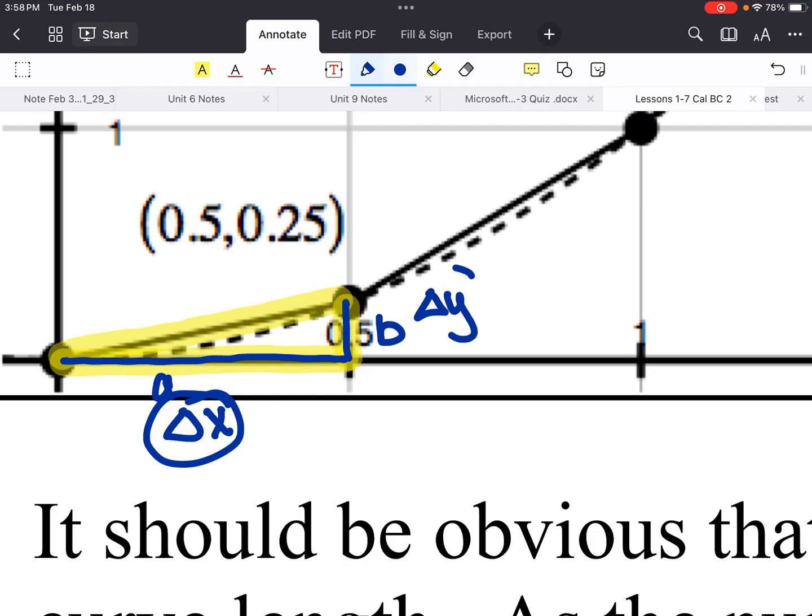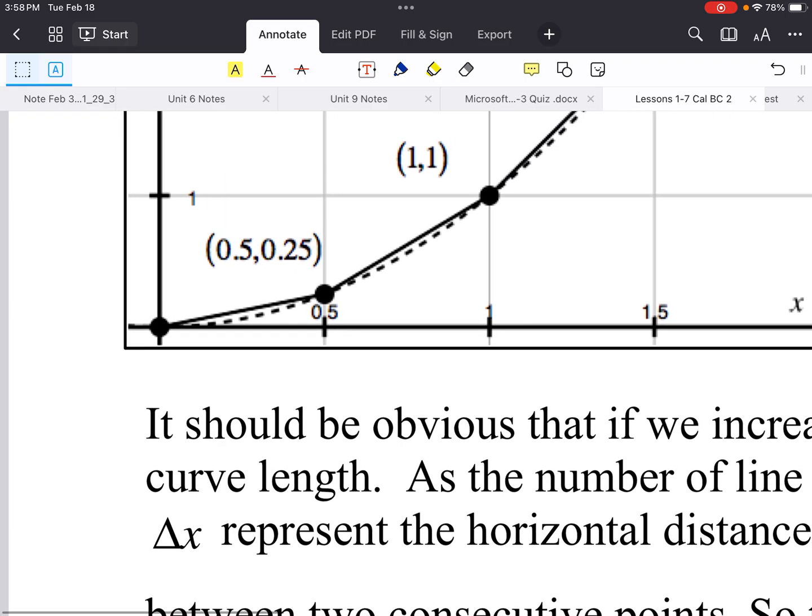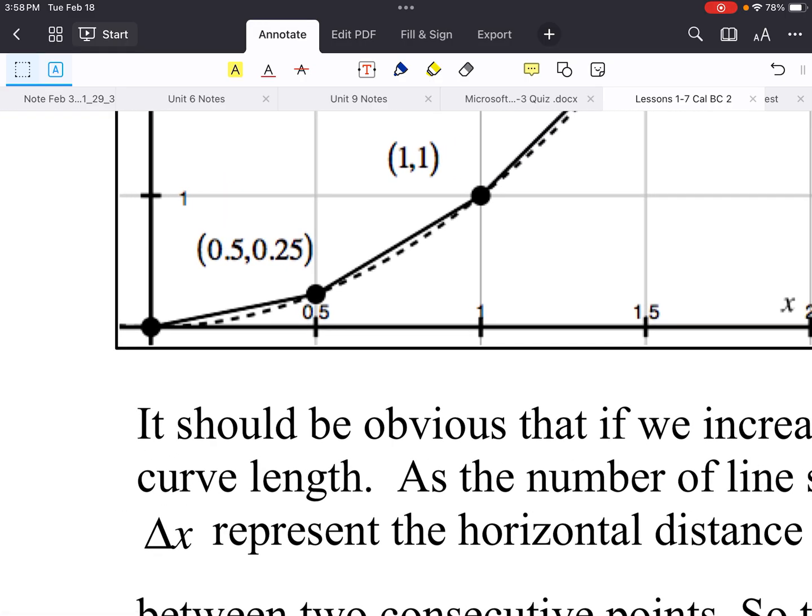And so according to the Pythagorean theorem, a squared plus b squared equals c squared, but that would be c squared equals change in x squared, that's how long this is, plus change in y squared, that's how long this is.